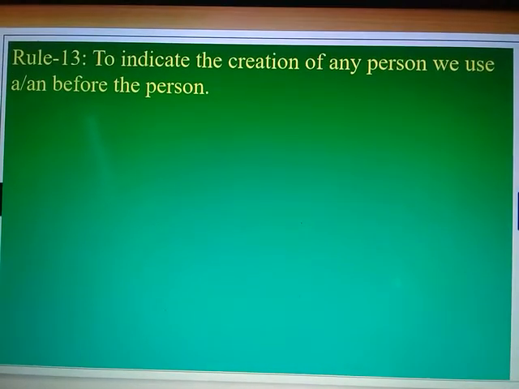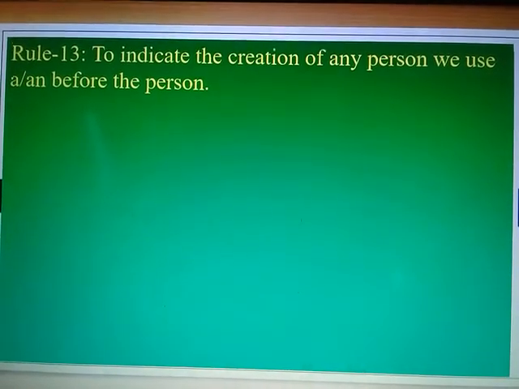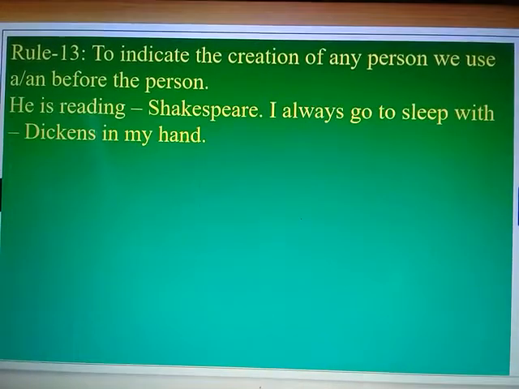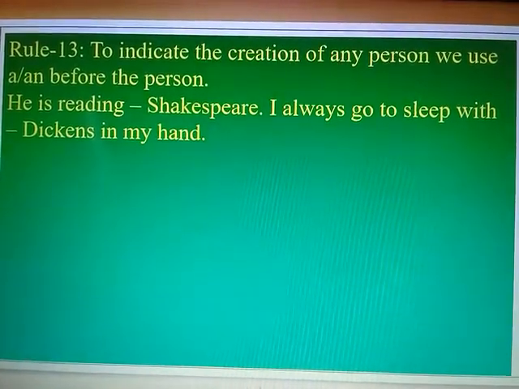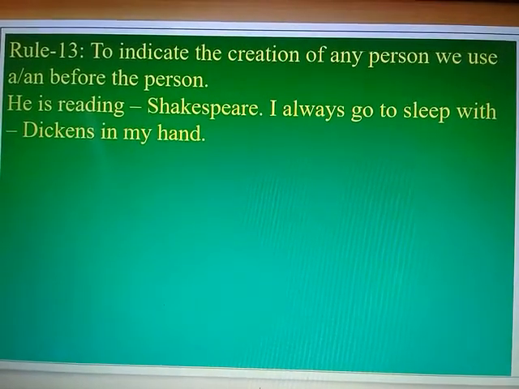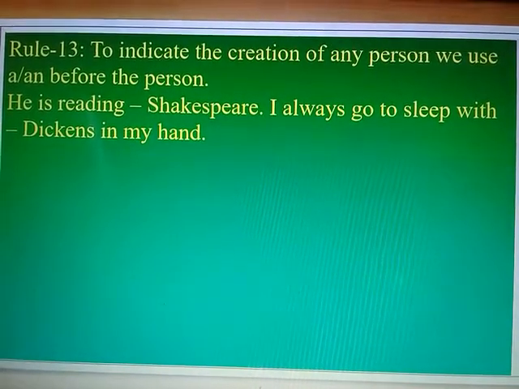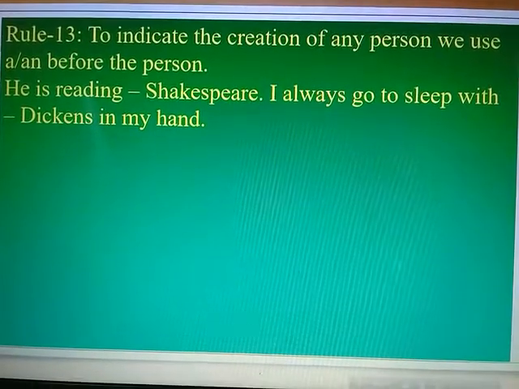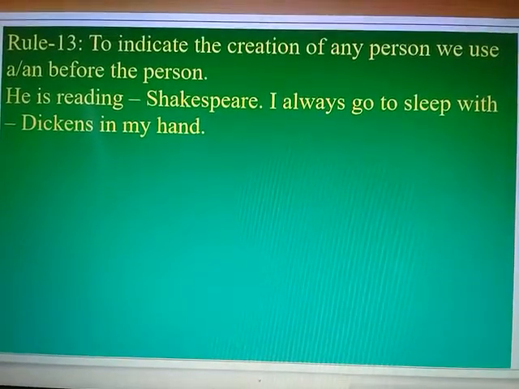Then, instead of the name of the book, you can use a or an. Example: he is reading a Shakespeare, that means a book of Shakespeare. I always go to sleep with a Dickens in my hand. So instead of a book of, we use a or an, or a writing of, or a creation of.